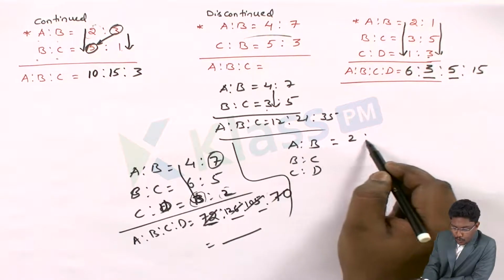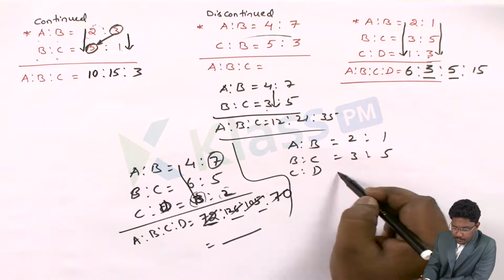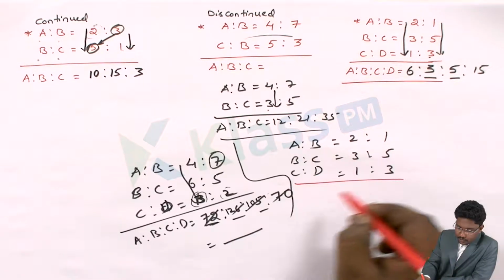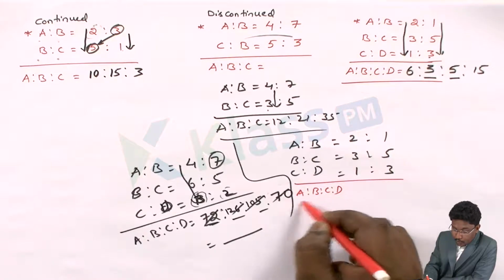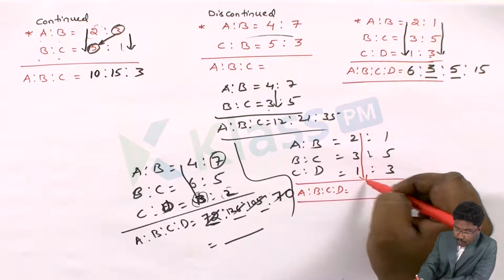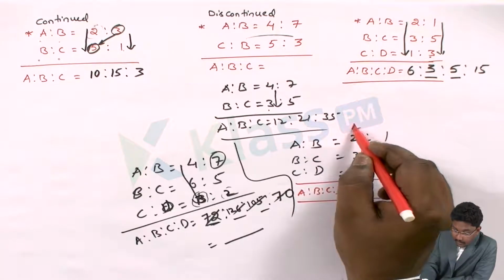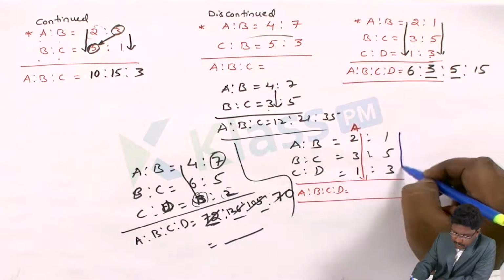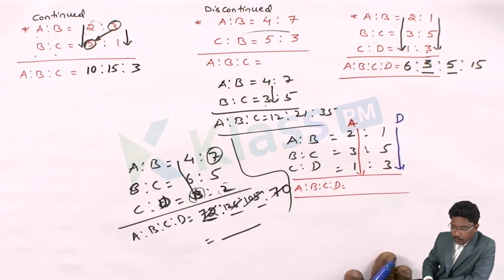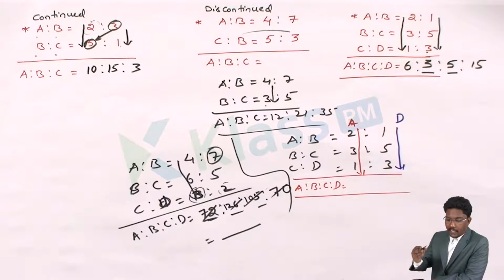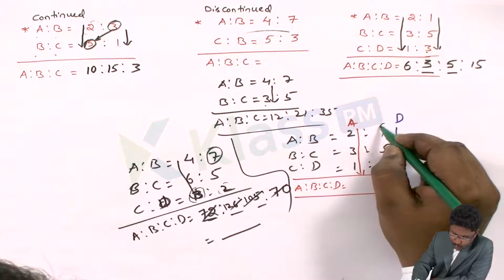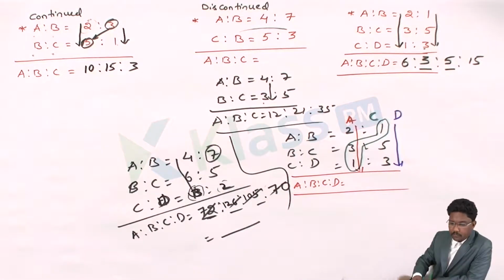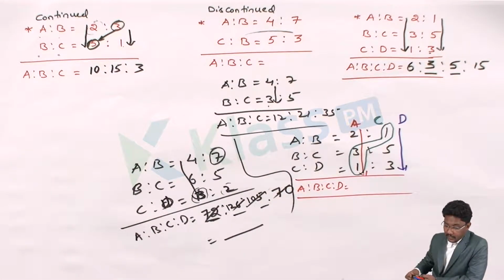2 is to 1, 3 is to 5, 1 is to 3. To get the A value, everyone knows, just multiply with this and we get the A value. If you multiply all the last terms, we get the D value.